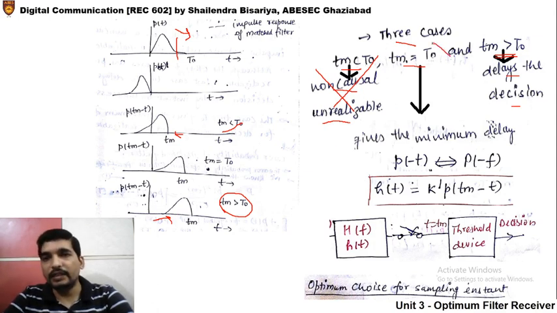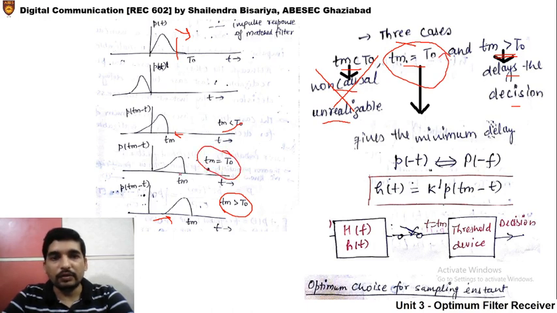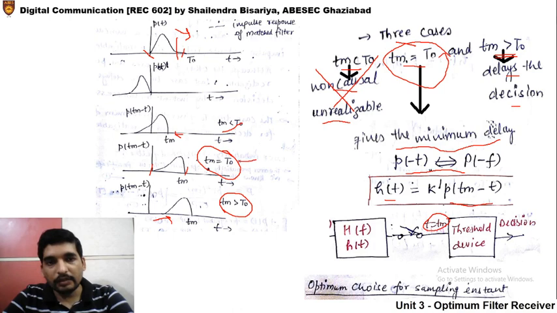And if Tm is equal to T0, that means it is for the same duration as the input pulse, so it is the best, it will give the best output, the best sampling instant. So it gives the minimum delay, and hence h(t) will be equal to Kp(T minus t) with Tm equal to T0.